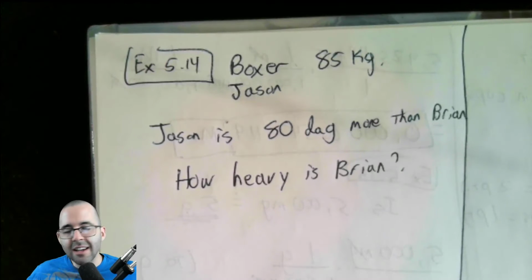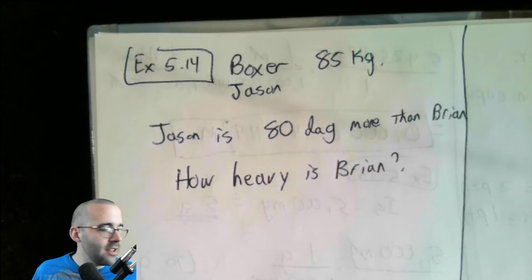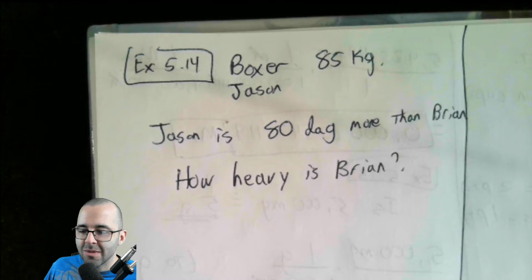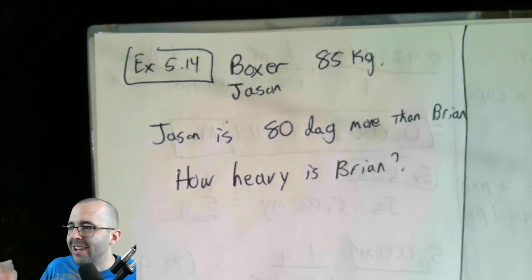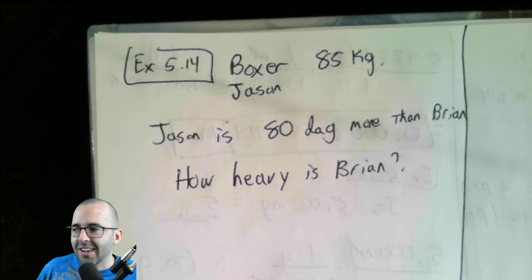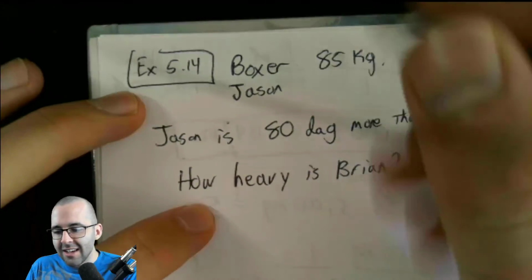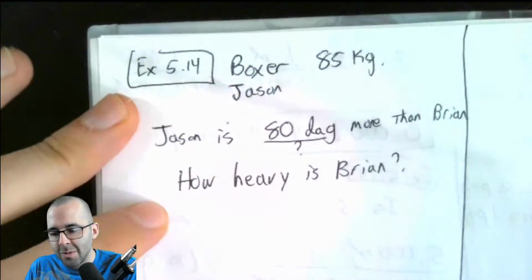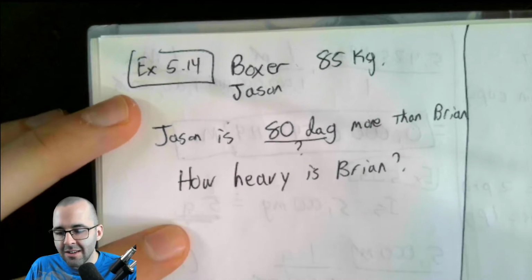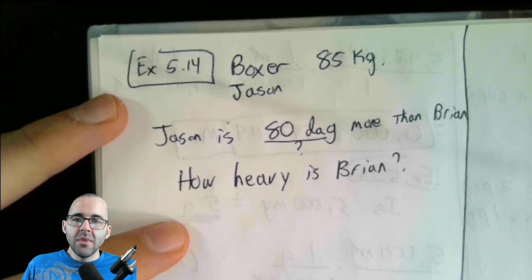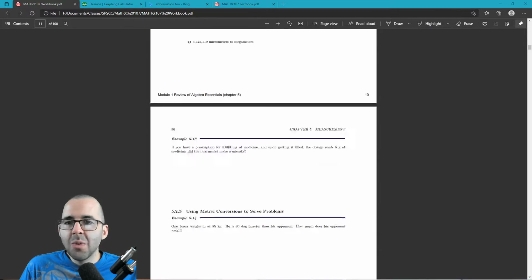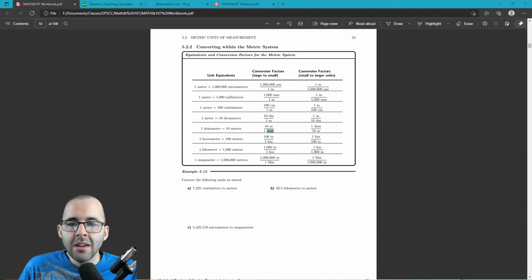So let's get everything in kilograms. When people talk about weight, they're either saying pounds or kilograms. Nobody's talking about decagrams. Why is this problem talking about decagrams? Okay, so let's get everything in kilograms. So what the heck is 80 decagrams? Let's start with there. So we're going to go back to our table and say, what the heck is a decagram? A decameter is 10 meters.